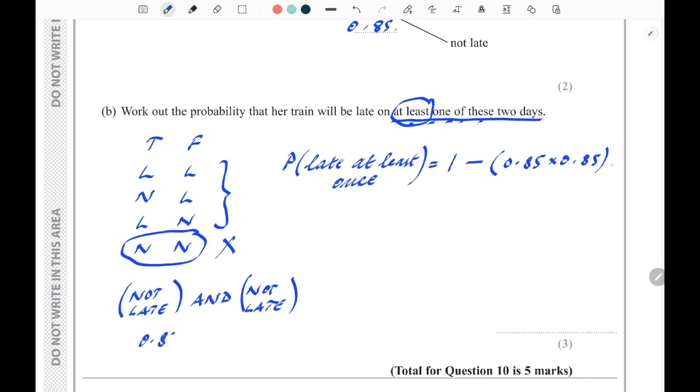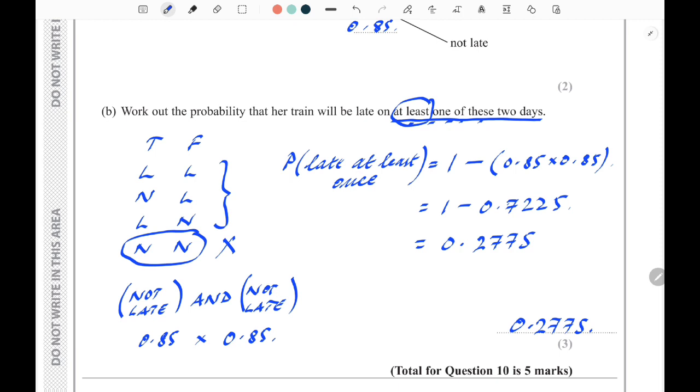So that's 0.85 times 0.85, and if you put that into your calculator, it's 0.7225. And so 1 minus that comes to 0.2775.